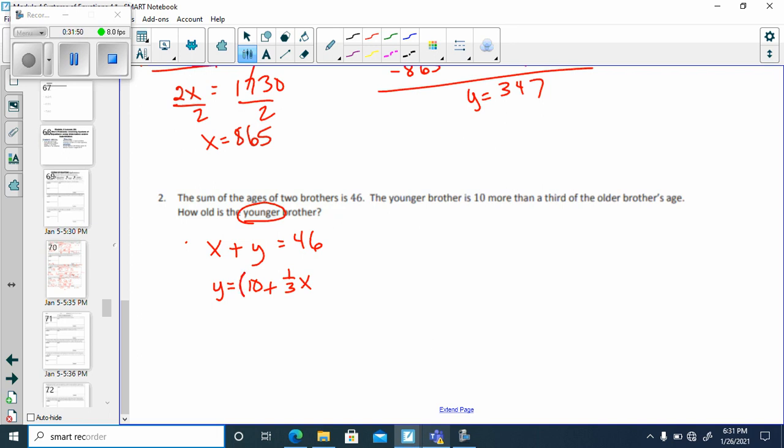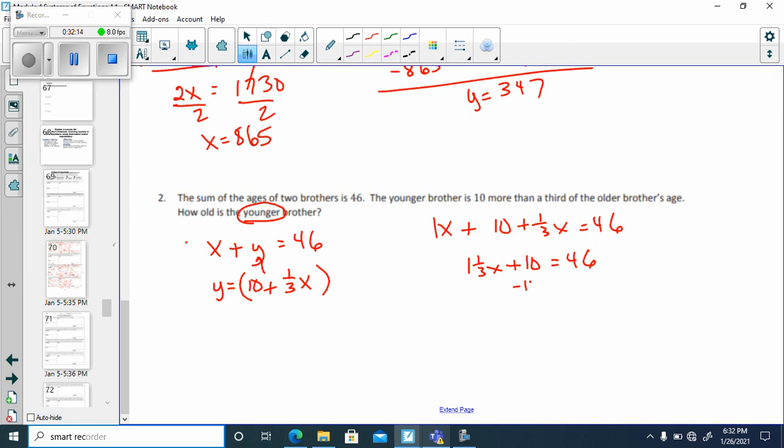Now look, we've got Y is equal to, I can plug this in for Y. X plus 10 plus 1/3 X equals 46. There's an understood 1 here, so I have 1 and 1/3 X plus 10 equals 46. See, I've combined like terms.